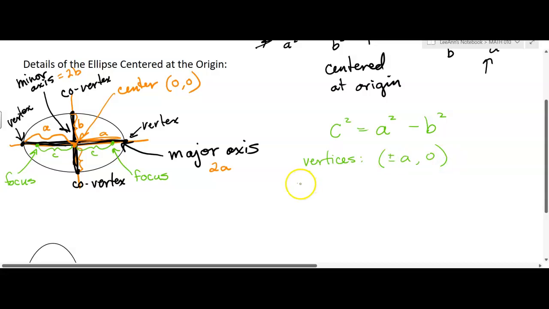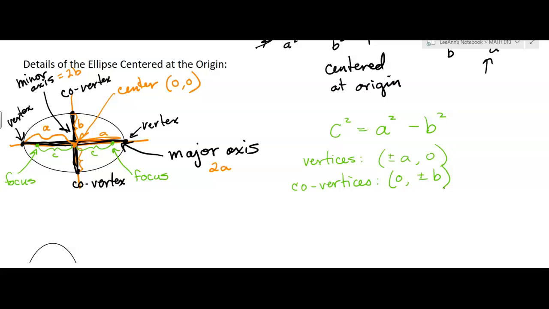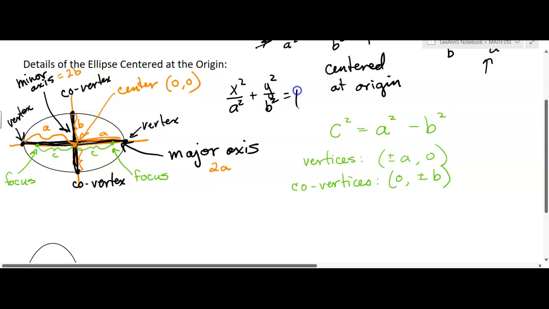And then the co-vertices are at 0, plus or minus b. Okay? And I think I've got everything in that we need to know for the pancake-shaped one. So remember the equation for this one was x squared over a squared plus y squared over b squared equals 1. Now we're going to talk about the other one.